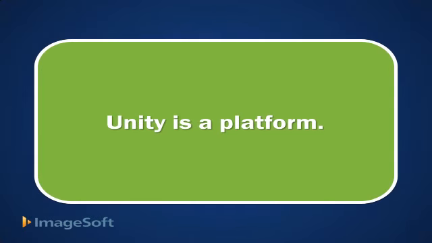So if there's one thing I want you to remember about Unity in the Highland Software OnBase family is that Unity is a platform. Yes, the Unity client is our new interface, our brand new OnBase client, but it is so much more than that.